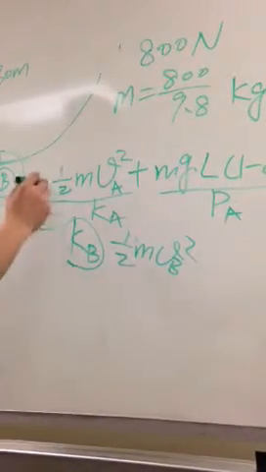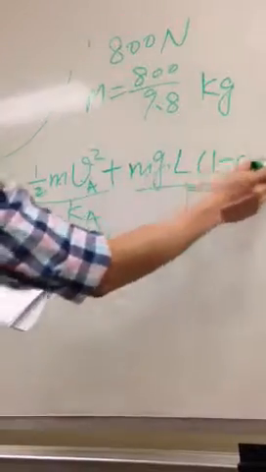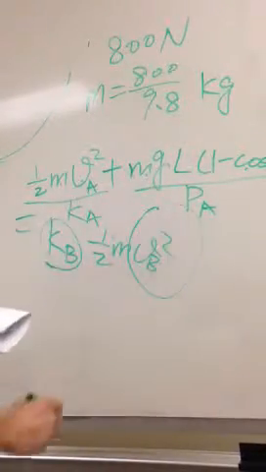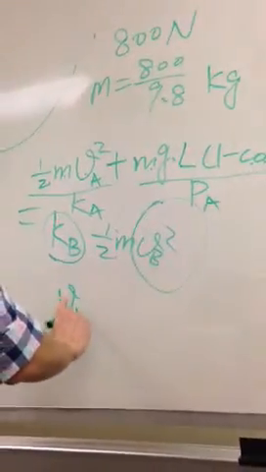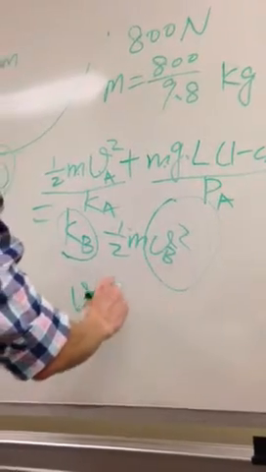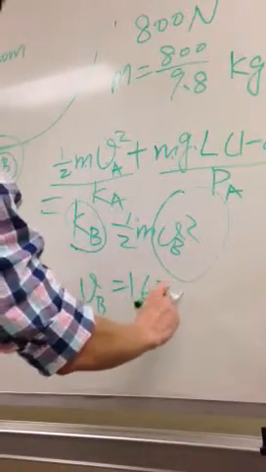Then we know those numbers, and that's the only variable. So if you calculate, v_B will be 16.78.